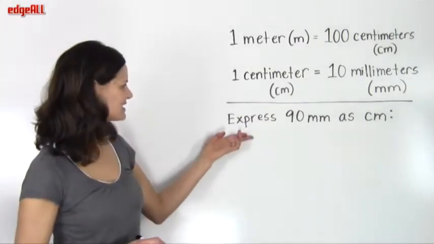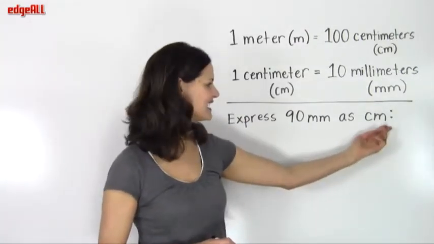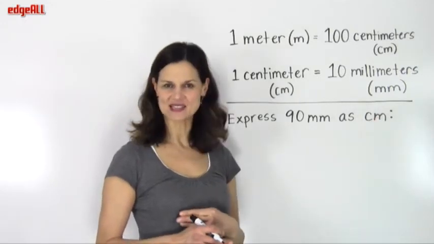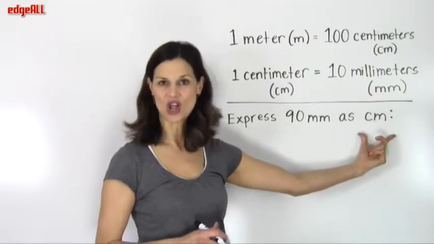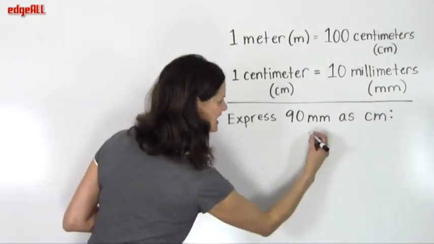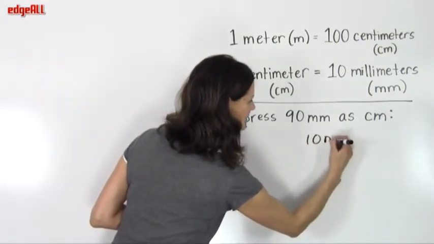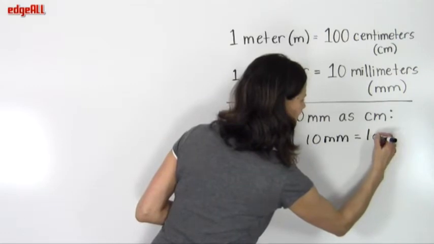Our example asks us here to express 90 millimeters as centimeters. So in this case, we're going to be going from a smaller unit to a larger unit. And so, as we know from our information here, 10 millimeters is equal to 1 centimeter.